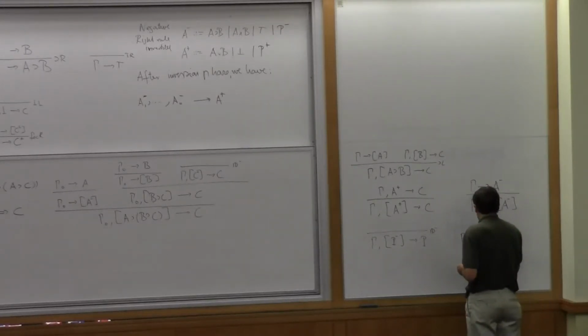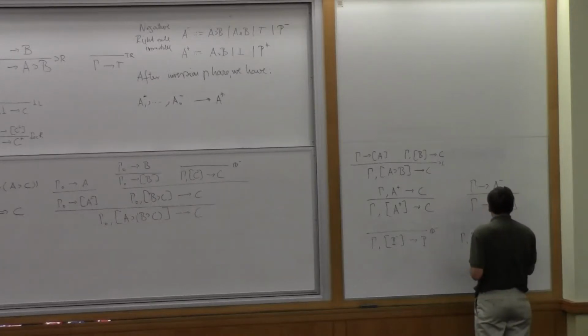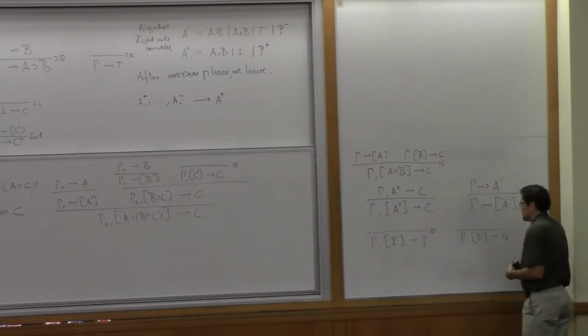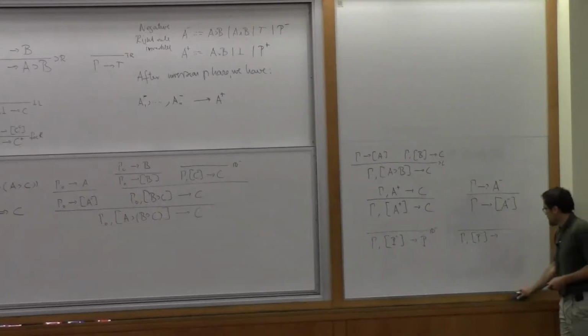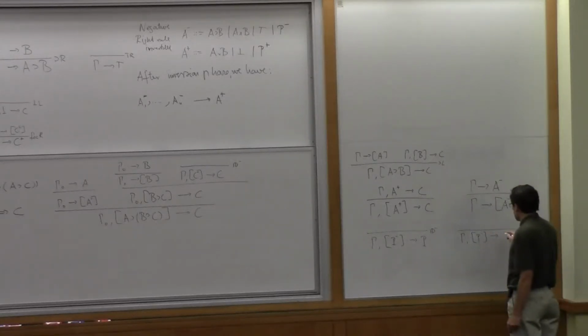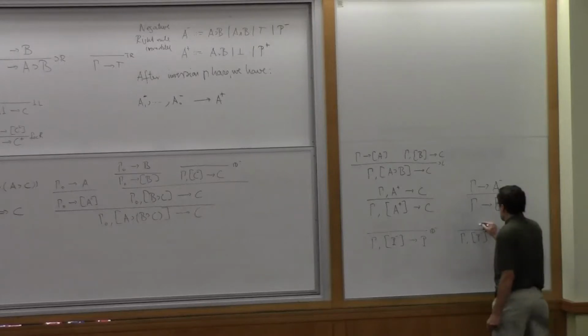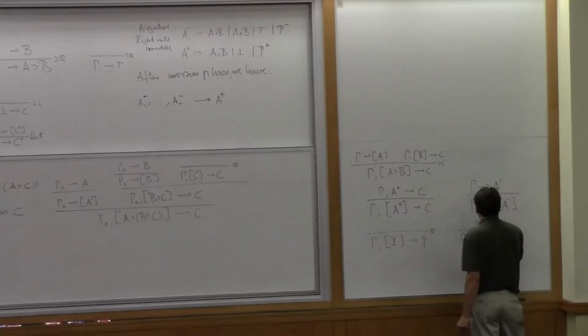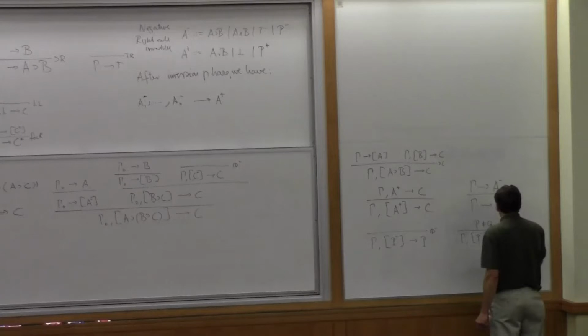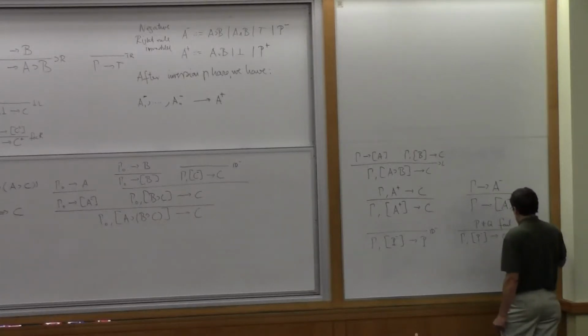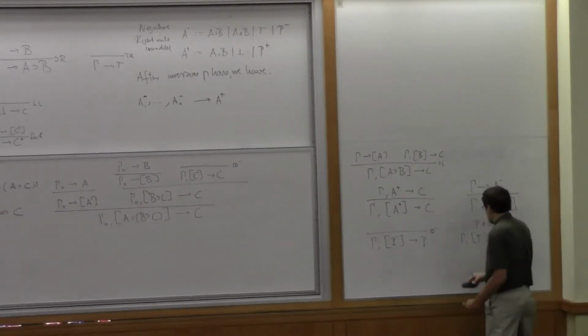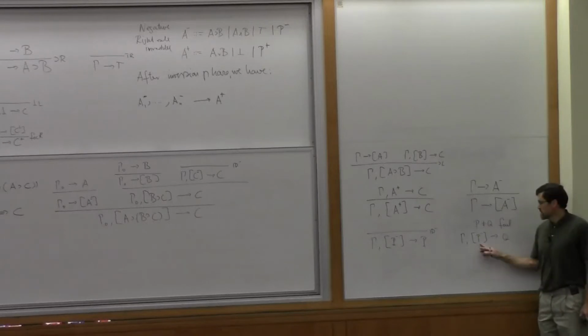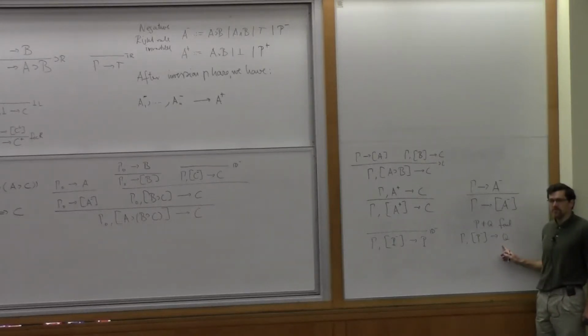If you have P minus in focus, and on the right-hand side you have Q, or actually any formula that's not equal to P, let me just write it for Q, where P is different from Q, then you fail. So I shouldn't write a line here because it's not actually a proof. So you cannot focus. The focusing fails if you try to focus on something that's different from the conclusion you're trying to prove.